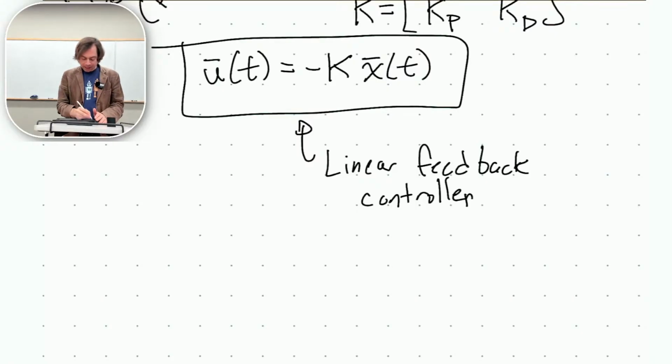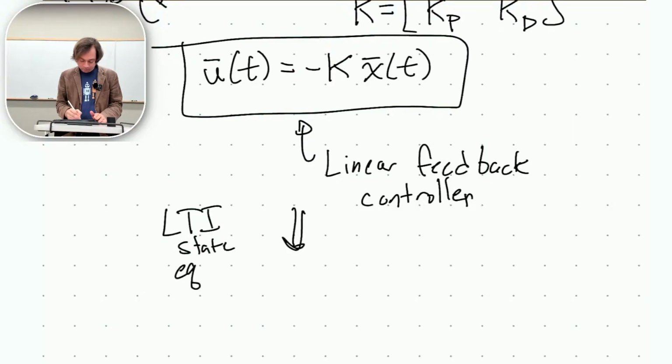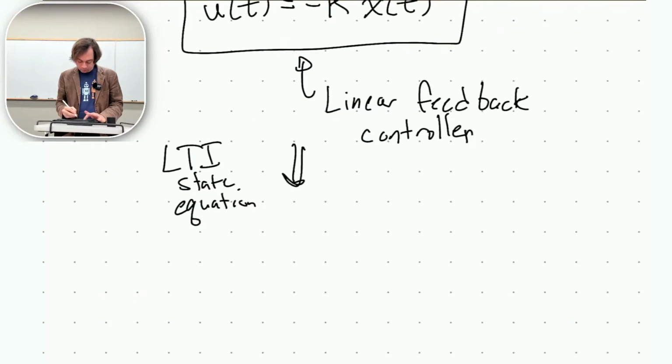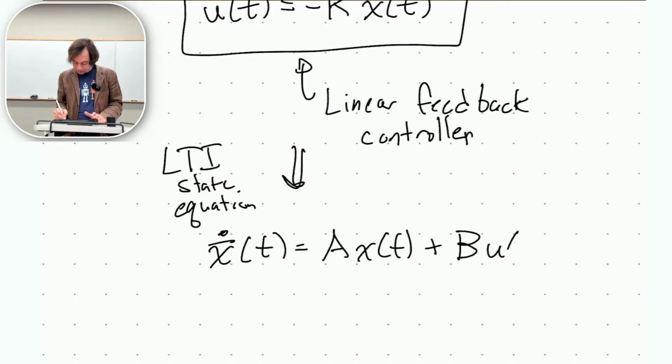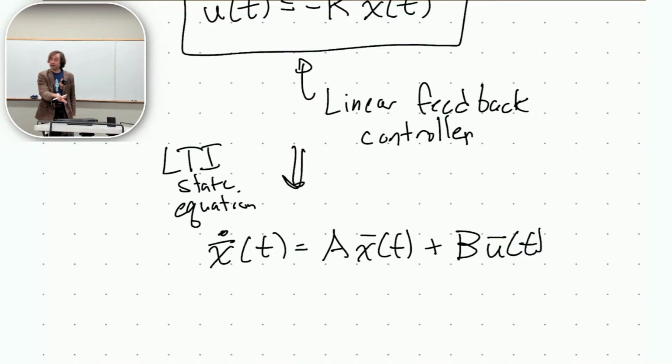In fact, let's go back to our LTI state equation, which is x dot of t is equal to A x of t plus B u of t. Look familiar? We've written it like 20 times now. Get used to it. x dot is equal to Ax plus Bu.